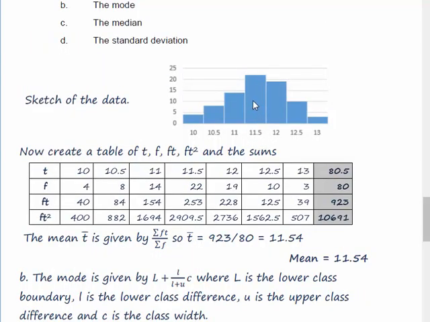For the median, we need to find a value here such that the sums of the frequencies on the left hand side are equal to the sums of the frequencies on the right hand side. We'll call this value here A. So we're going to get 4 plus 8 plus 14 plus A is equal to 22 minus A plus 19 plus 10 plus 3.